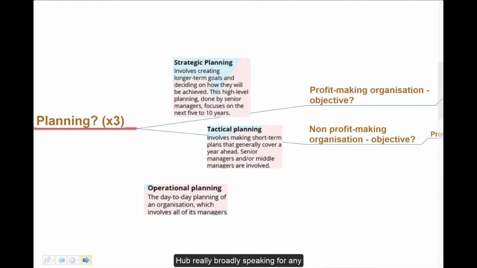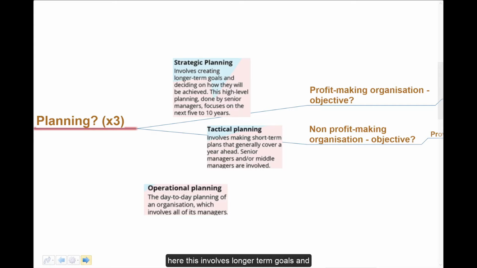Really, broadly speaking, for any business, planning is 3 things, and indeed at 3 separate levels. Let's go from the top down. Now remember, we're trying to link this into objectives and indeed profit, wealth maximization, etc. Let's talk about strategic planning. Now, I guess the words are a giveaway. We're talking about something pretty high level.